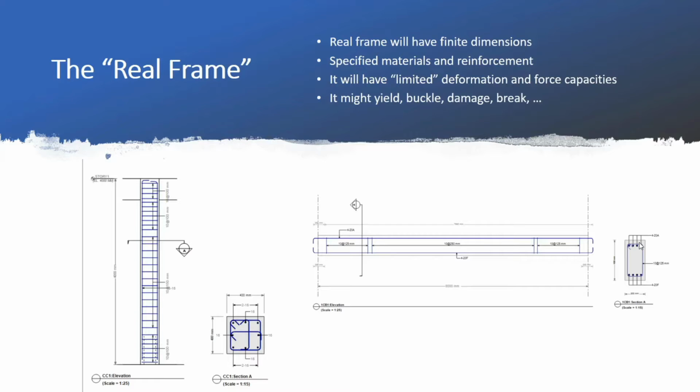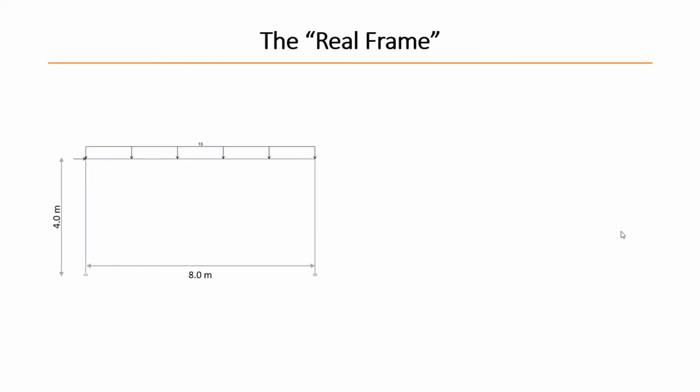A real frame will have finite dimensions, finite material properties and strengths, and a limited deformation and force capacity. So it might actually yield, buckle, be damaged, or break. All of this we cannot determine from the linear analysis that we just carried out, because that gives us unlimited displacement for unlimited loads without any of these considerations.